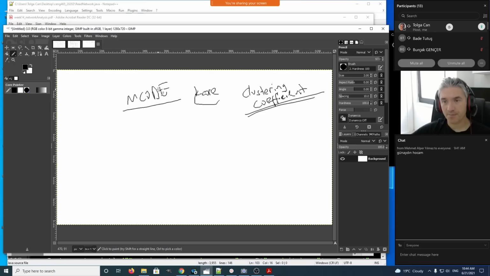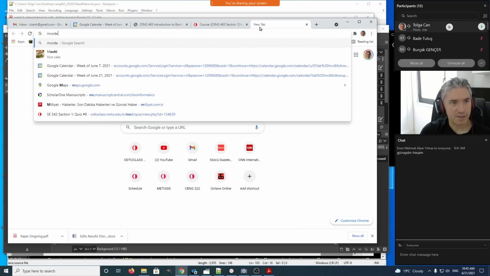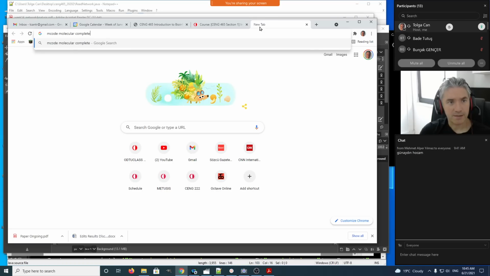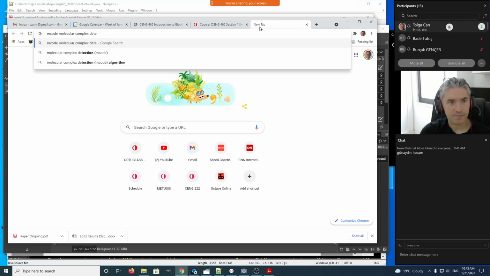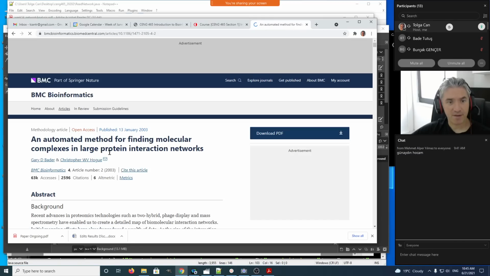You can find the paper as open access in BMC Bioinformatics. And as I said, it's from the 2000s, MCODE, but it's been cited a lot. MCODE, molecular complex detection. It's 2003. An automated method for finding molecular complexes in large protein interaction networks.